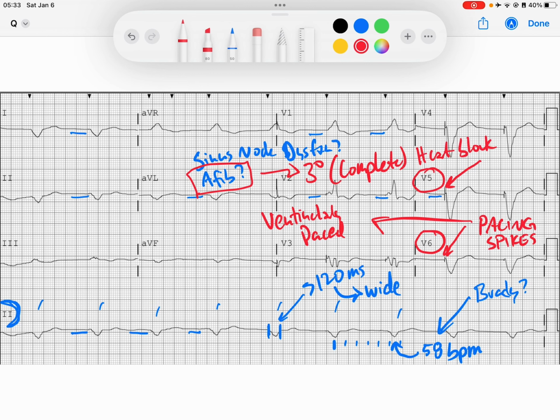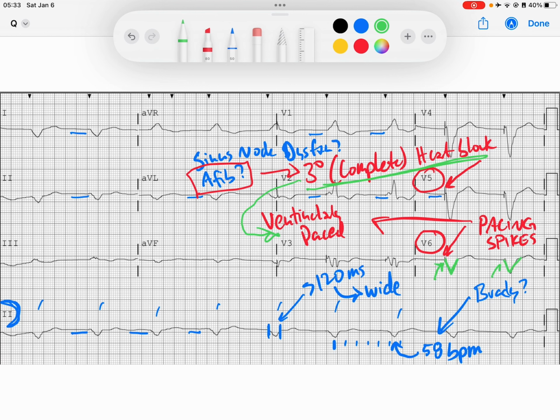That third degree or complete heart block is an AV node block, and we know that the AV node would conduct that typical atrial fibrillatory signal down to the ventricles in an irregular fashion. But because this individual's AV node does not work, they require a ventricular pacemaker to pace the ventricles for them. And when you pace the ventricles, you get this wide complex QRS that occurs just after that pacing spike.